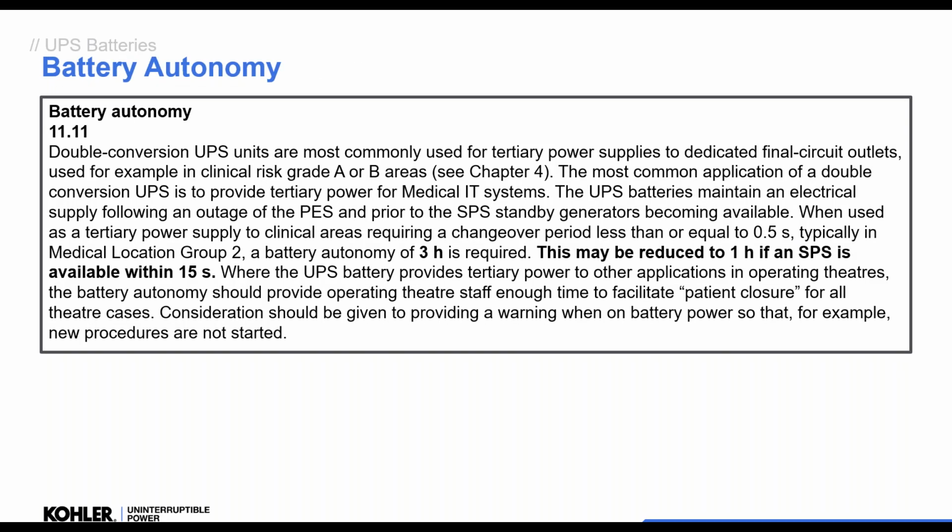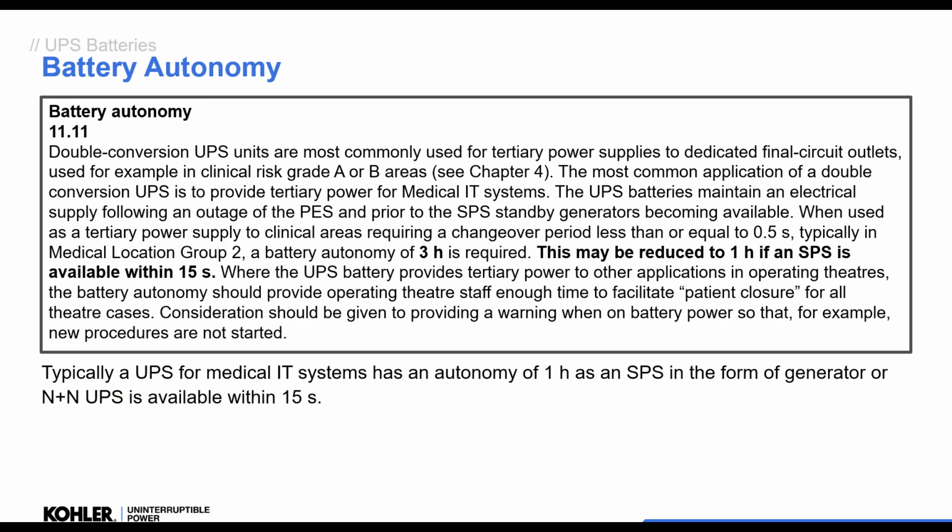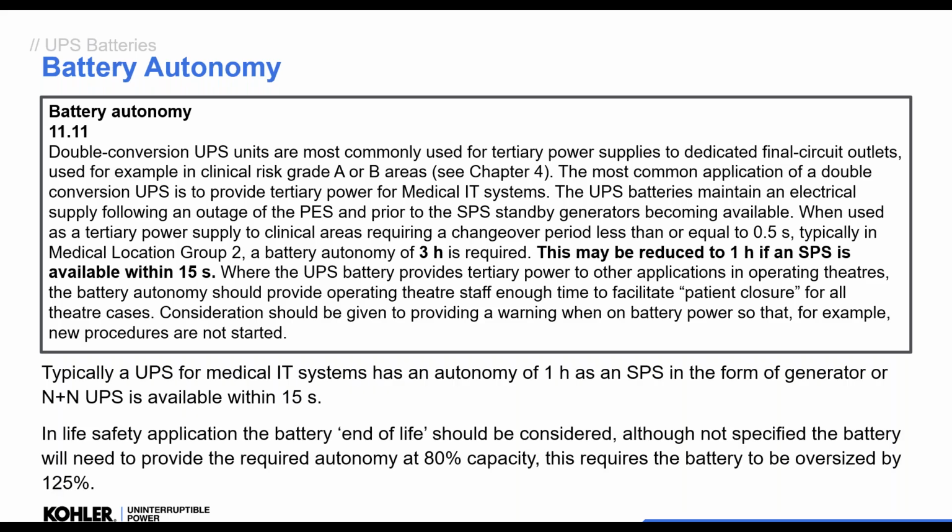The battery autonomy, it talks about 1 hour or 3 hours, depending if you've got an SPS. So typically in a UPS situation with a medical IT system on it, we look for an hour battery, because you'll have a secondary source from a generator or an M+N UPS available within 15 seconds.